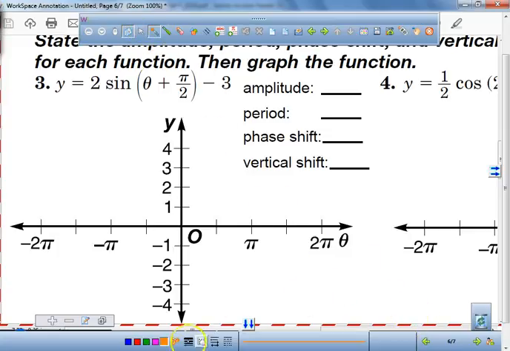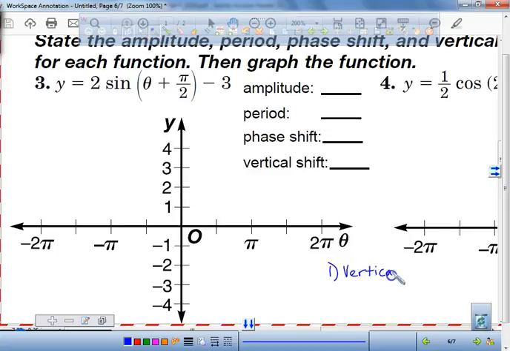So step number 1, this is what I'm going to do. I personally start every single time with the vertical shift. So if you're going to write in your journal, start with the vertical shift. If we look right here, I'm going to write y equals a sine b theta minus c plus d.